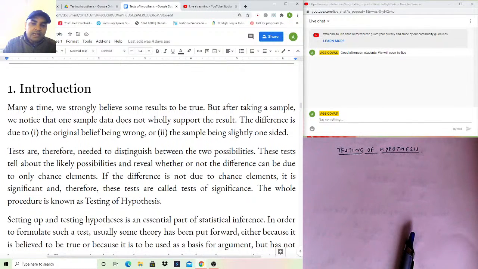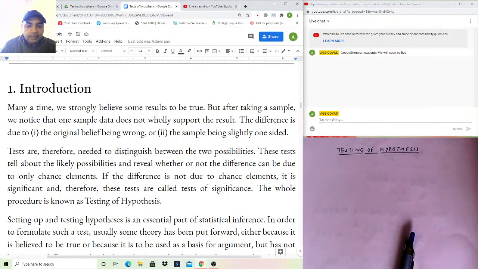Then, as we have studied in our last chapter, it is not necessary that the sample statistic remains the same as the population statistic. They may differ from each other. So the difference is due to the original belief being wrong, either when the sample is saying that the results are not the same, or according to your belief.